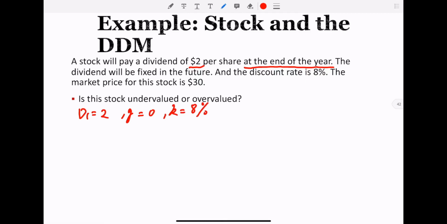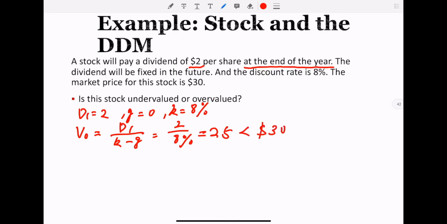So we could calculate the intrinsic value, which is D1 divided by K minus G, which is 2 divided by 8%. Let me see. I guess it's $25. So this is the intrinsic value. It's smaller compared with $30 of the market price, which means this stock is overvalued, right?